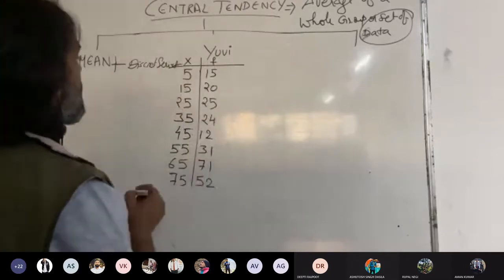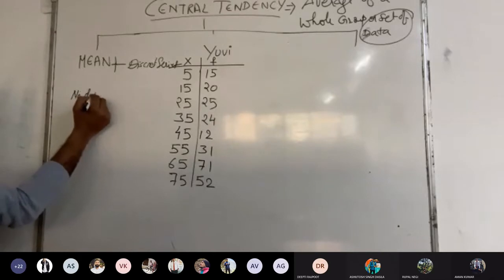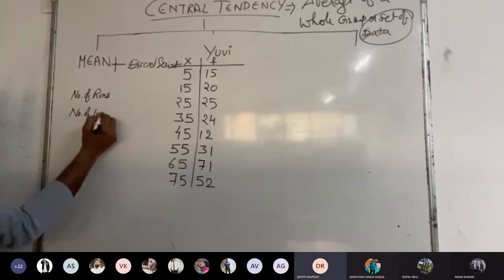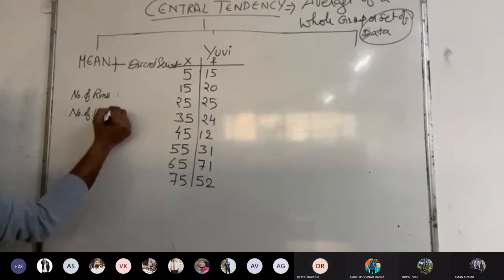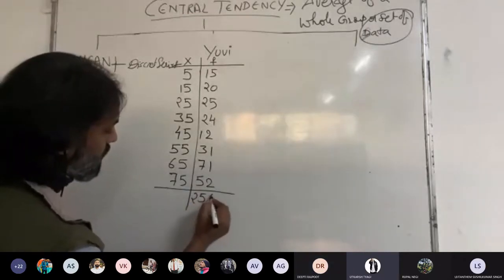The question is: how many matches, number of runs scored by UV, and number of innings. Can you tell me the number of innings? Sir, 250 innings and 320 runs.